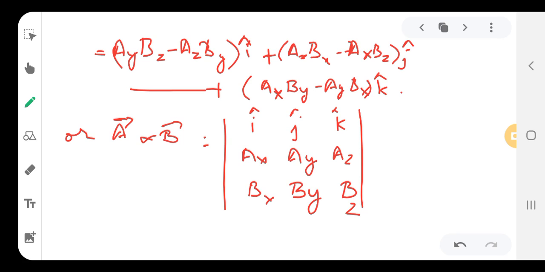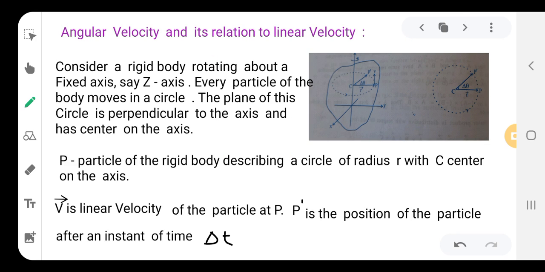Now let us go to the angular velocity and its relation to linear velocity. In the diagram you can see a rigid body rotating about a fixed axis, say the z-axis. Every particle of the body moves in a circle except at the axis. The plane of this circle is perpendicular to the axis and has its center on the axis.